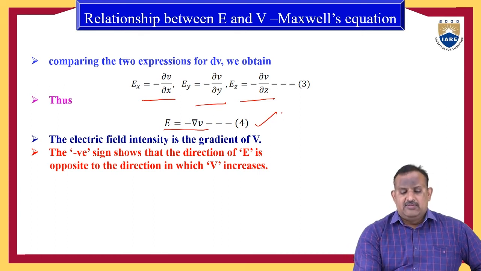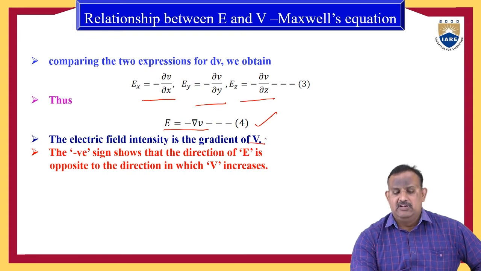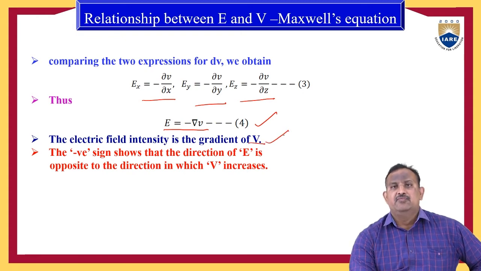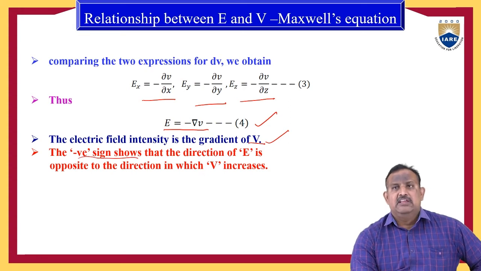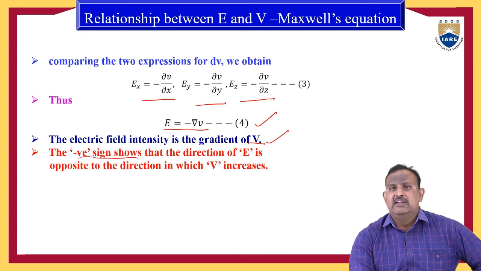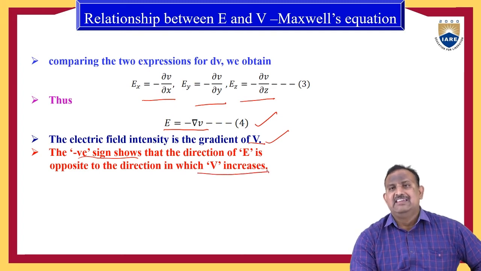From equation 4, we can conclude that the electric field intensity is the gradient of V. The negative sign shows that the direction of the electric field intensity is opposite to the direction in which the potential increases.